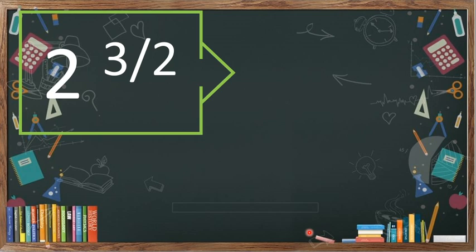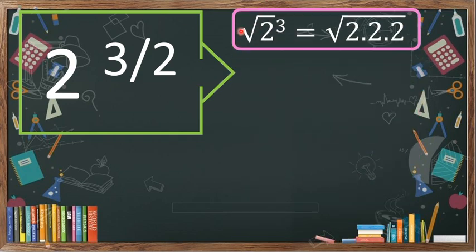Now let's practice, because I know that you already mastered how to write rational exponential form into radical form. First example, 2 raised to 3 halves. Now first you have to consider the denominator because that will be your index. Since that is 2, no need to write the 2 here because the symbol is already called square root.